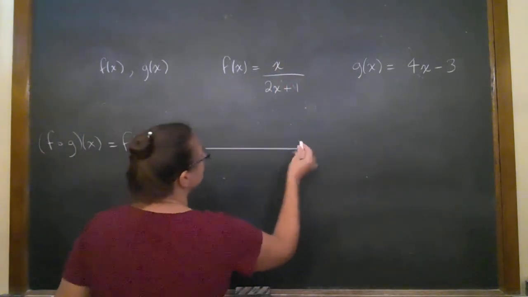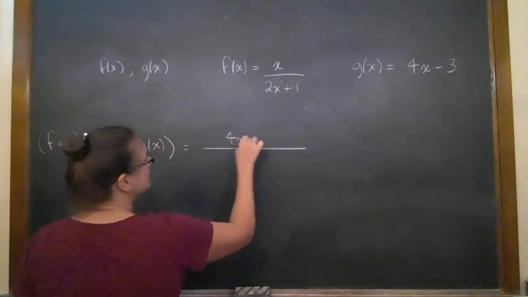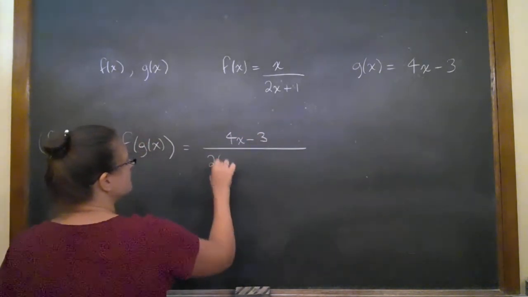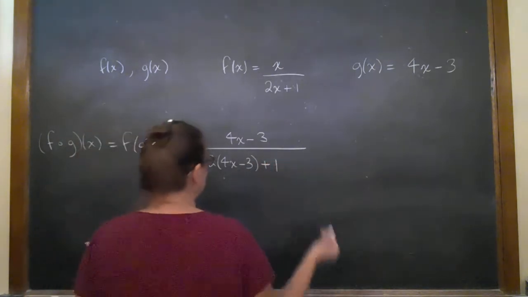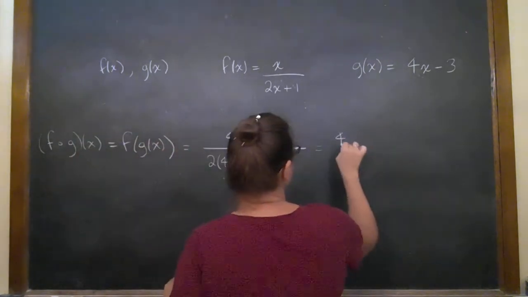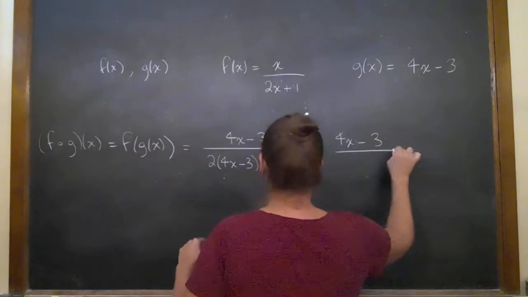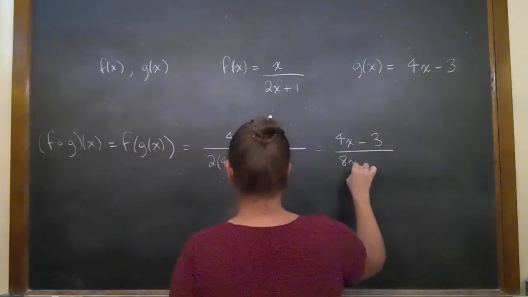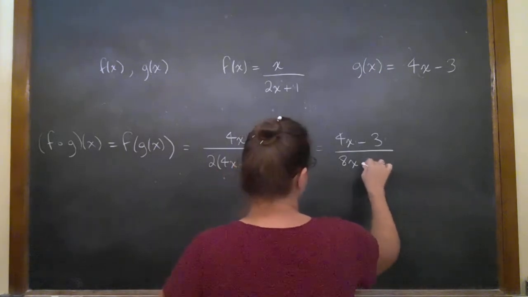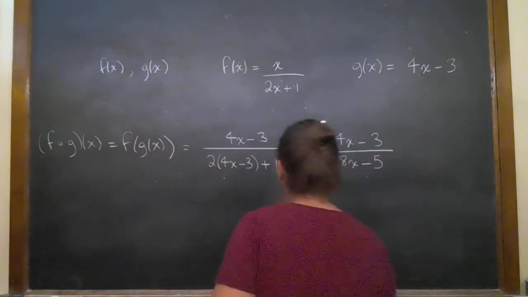Okay? So the top is 4x minus 3. The bottom is this. And if I like, I can clean it up a little bit, so I don't have to look at this. What is this? 8x minus 5. Okay?